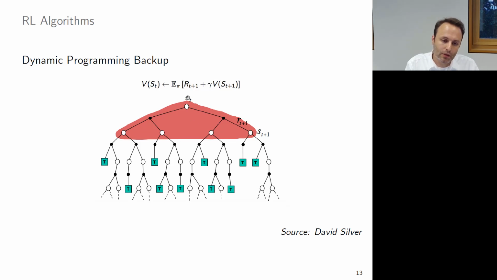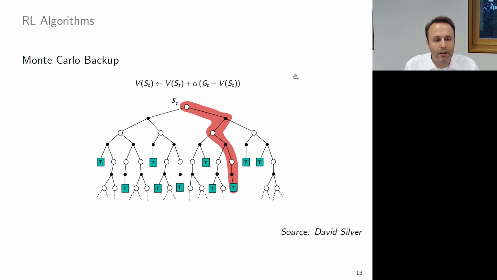So this is basically going through all the branches and checking out what is the value. Then we get an estimate of the value of each of the states. Now, to simplify this, we can also do a Monte Carlo backup where we only go through those episodes that we actually use and use them to estimate the value of our states.